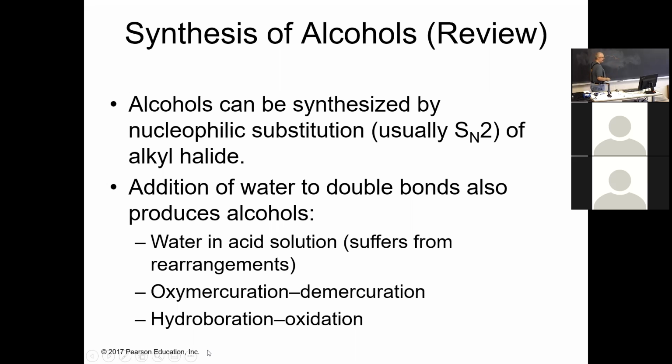So if we have something like 1-bromobutane, we can react this with hydroxide. Hydroxide comes in from the back side, kicks out the bromine, and our product would be butan-1-ol.